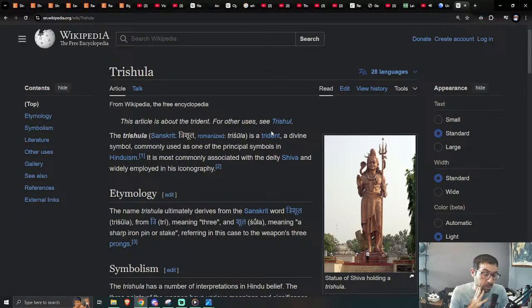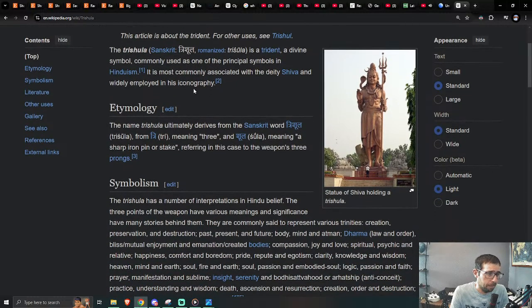Trisula, a divine symbol commonly used as one of the principal symbols in Hinduism. Derives from Trisula, meaning 3, sharp iron pin or stake.